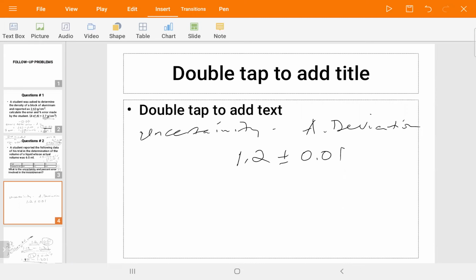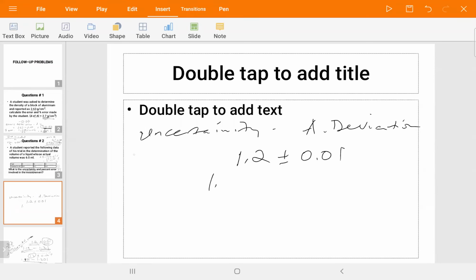What does it show us? That if another person did this experiment or measurement, we can be certain that your measurement lies between this.